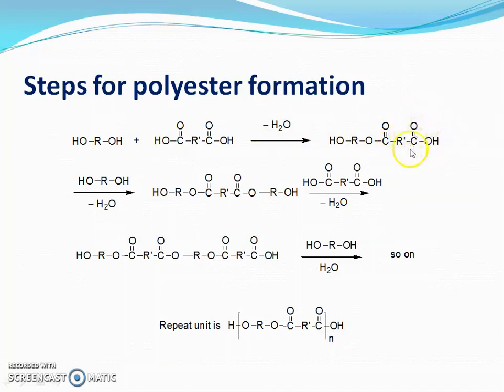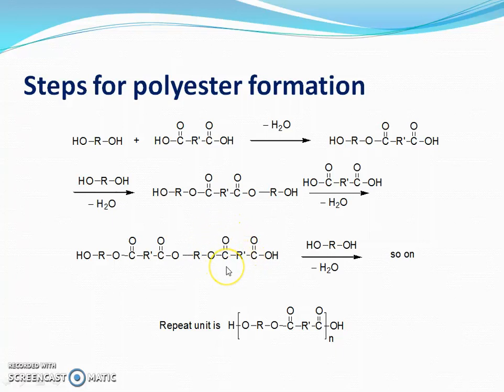Now we have a free carboxylic acid end, and this will condense with the hydroxylic end of another diol, thereby one more ester linkage is formed. And now we have a hydroxylic end which is free, and so it will condense with the carboxylic acid end of the dicarboxylic acid to again form an ester linkage.